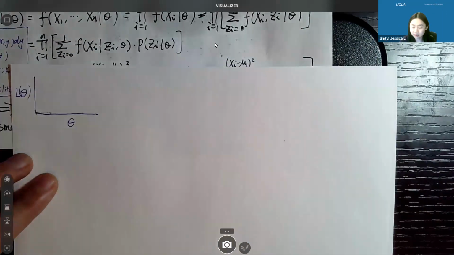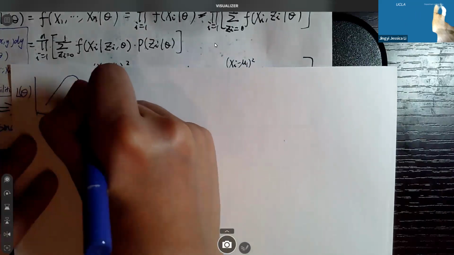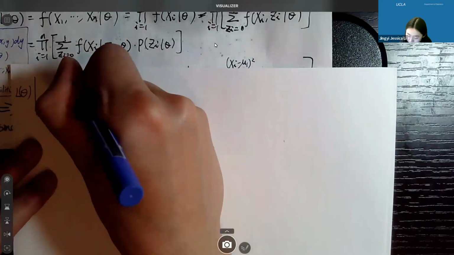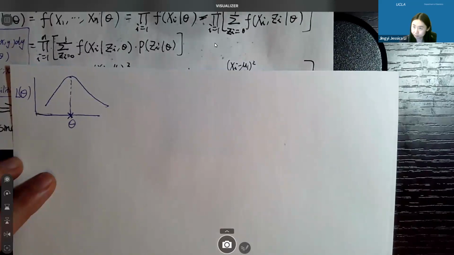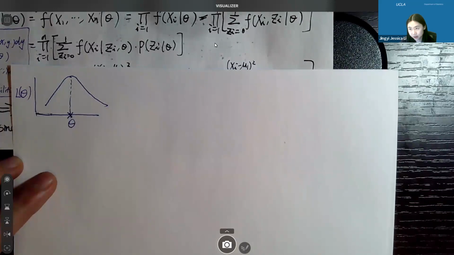If we want to maximize this function, so let's say the function is like this, and we want to find its maximizer, right? So this is the value we want to find. But this function itself is difficult to optimize. For example, it's not differentiable. We cannot take the first derivative. For reasons like those, we need some strategies.